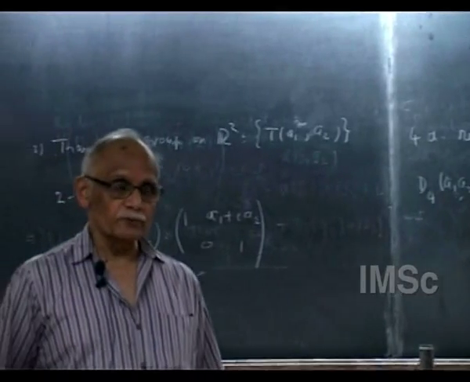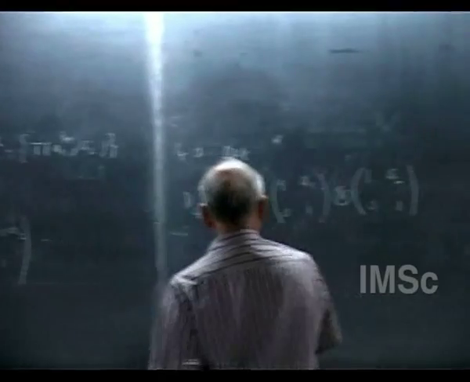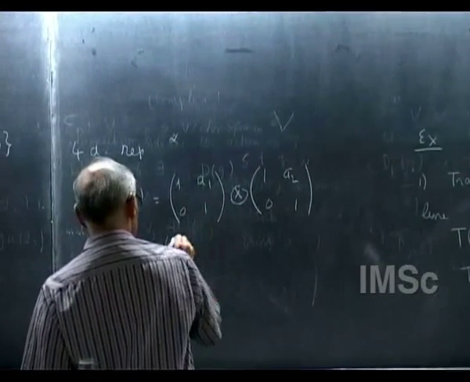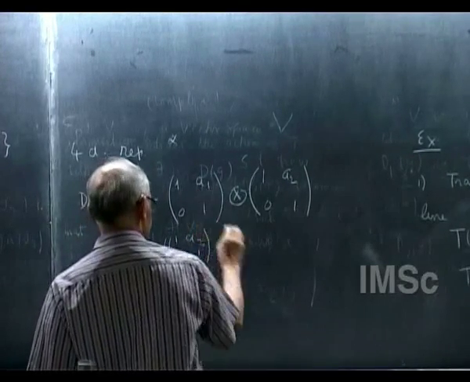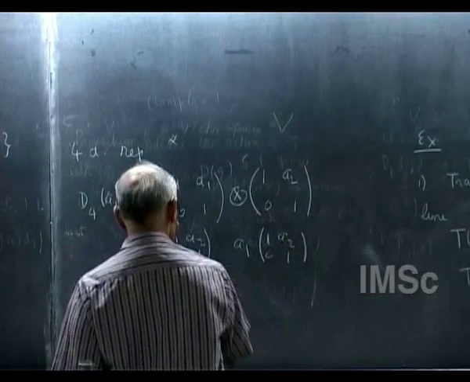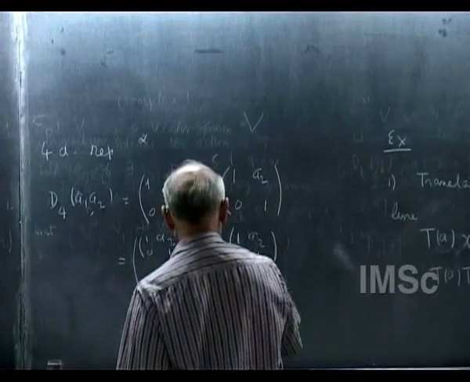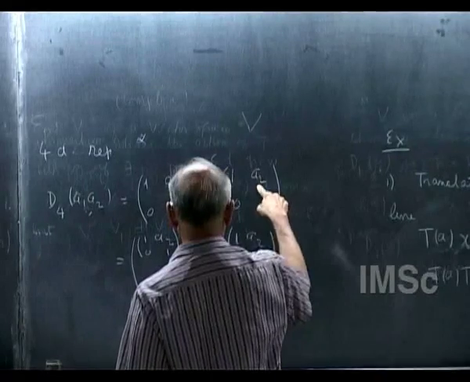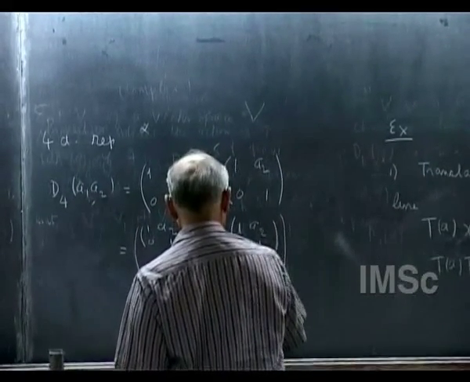It is a 4 cross 4 matrix. So, it has a very simple geometrical meaning. Physics, this activity is very important. So, first I put 1 here, 1 A2, 0 1. Then I write A1 times 1 A2, 0 1. Here it is 0. Then I write here 1 and 1 A2, 0 1.